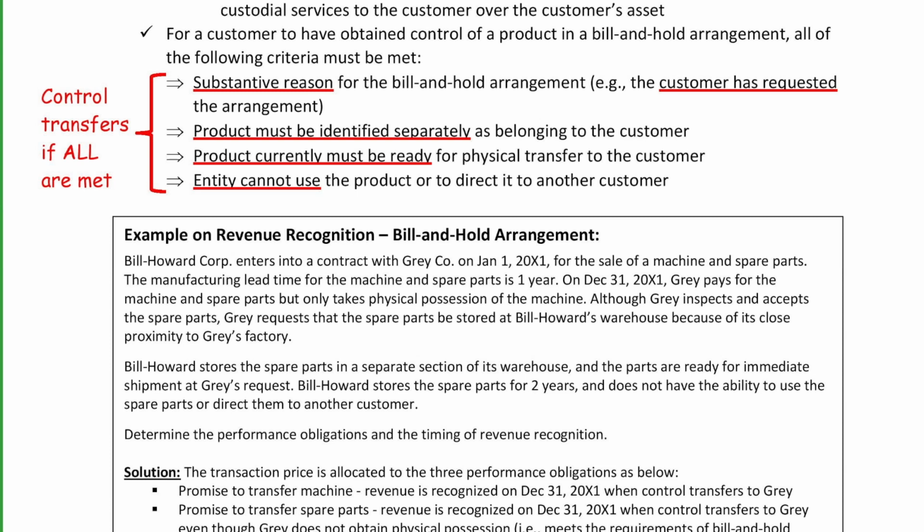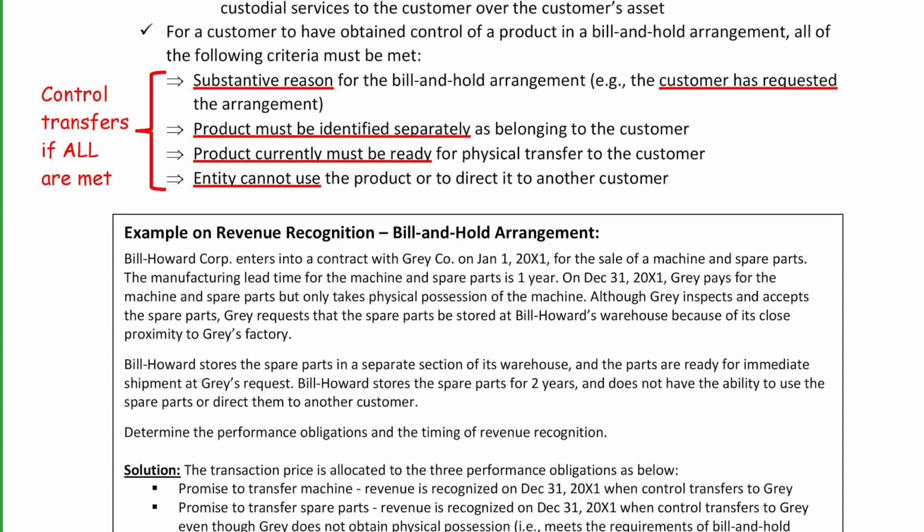Bill Howard stores the spare parts for 2 years and does not have the ability to use the spare parts or direct them to another customer. Determine the performance obligations and the timing of revenue recognition.